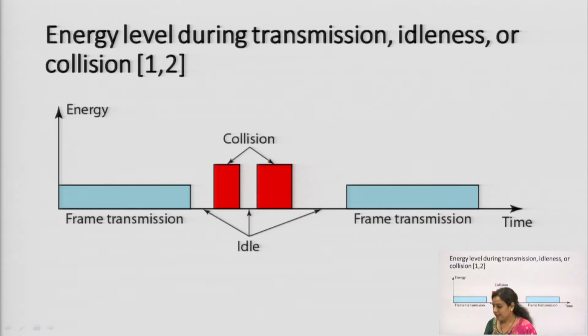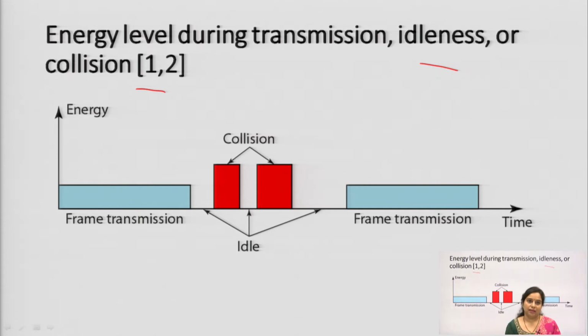Now, next is the energy level during transmission, idleness and collision. How is this energy level distributed? There are 3 situations. The first is collision, meaning after the transmission the collision has taken place, and in that case we have to check the energy level.